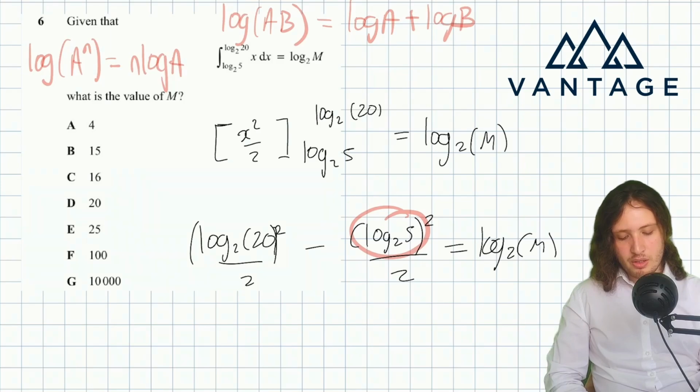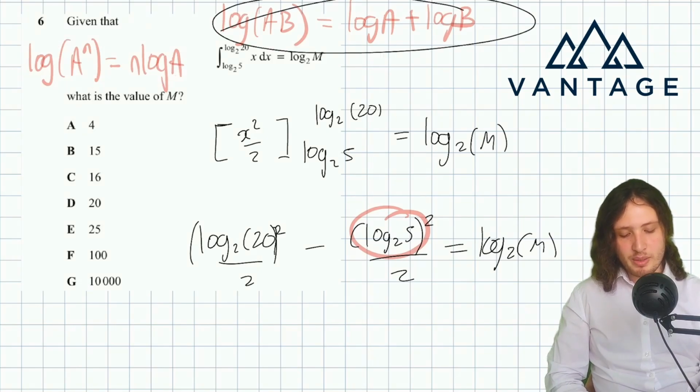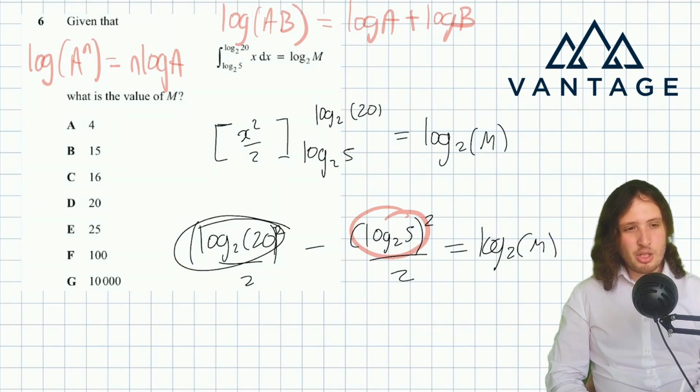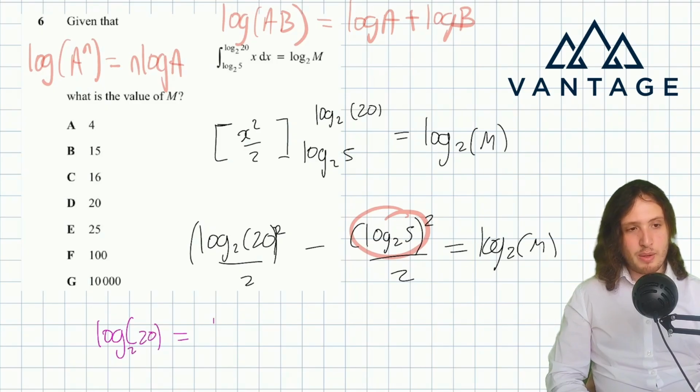Because we've not got anything with a power inside the log, I guess this is all we can do. Log base 2 of 20, of course, because 20 factorizes, perhaps I can use this rule to some effect. So I know that log base 2 of 20, well, 20 is what? It's 4 times 5. So log base 2 of 4 plus log base 2 of 5.